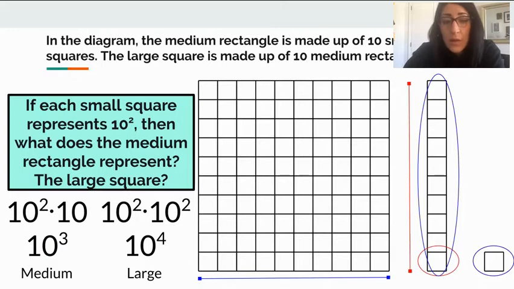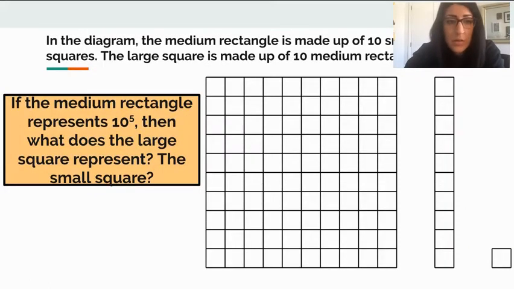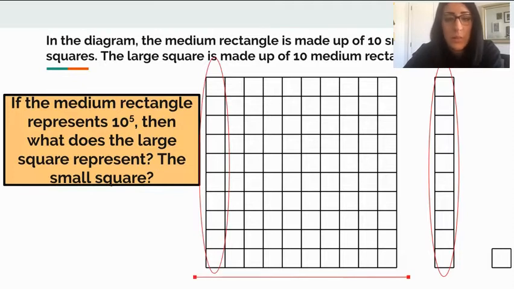Okay, moving on, we're going to assign a different value now to the medium rectangle. We're going to suppose the medium rectangle represents 10 to the power of 5. That's what the whole thing represents. So let's go to the large square first. Here you see this entire medium rectangle that is circled represents 10 to the 5th. There are 10 of those in the big square.